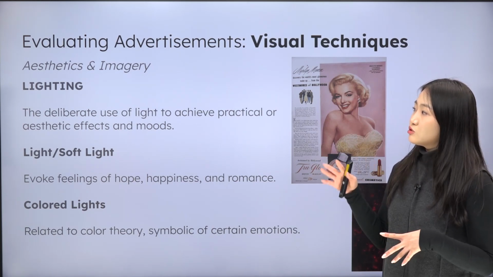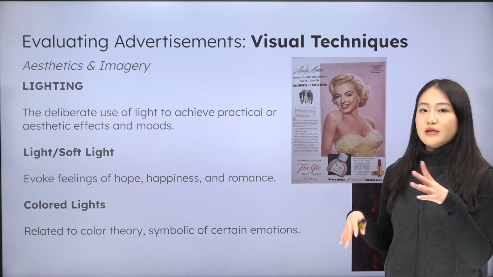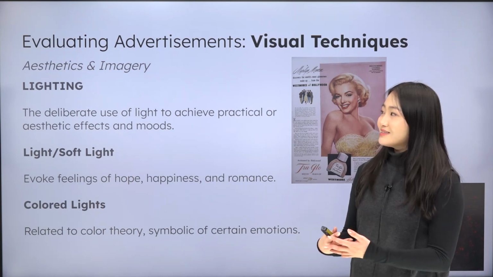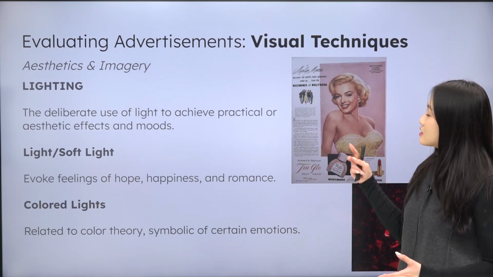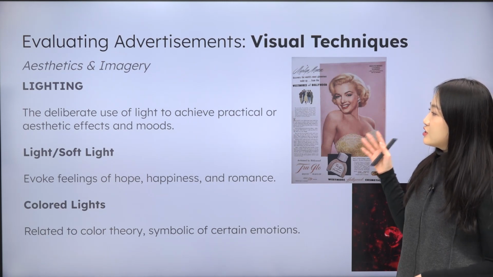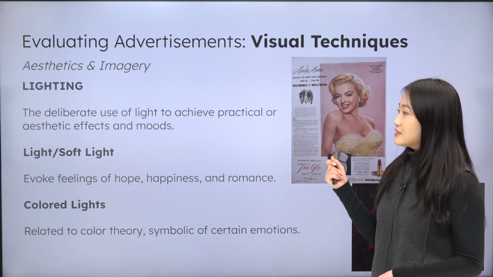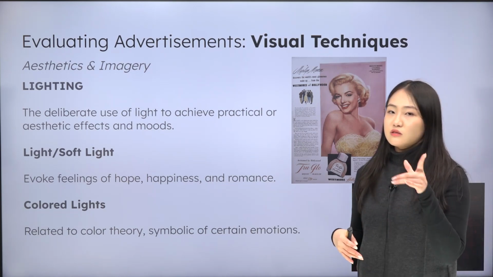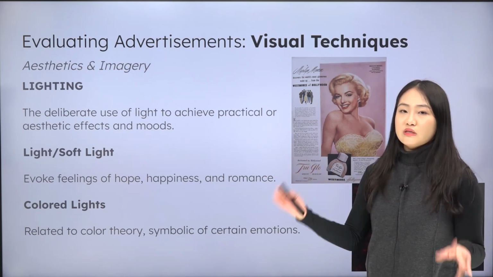In addition to composition, it almost enhances the role that composition has. So lighting, it's the deliberate use of light to achieve practical or aesthetic effects. For example, we have natural light, soft light, or even studio lighting.